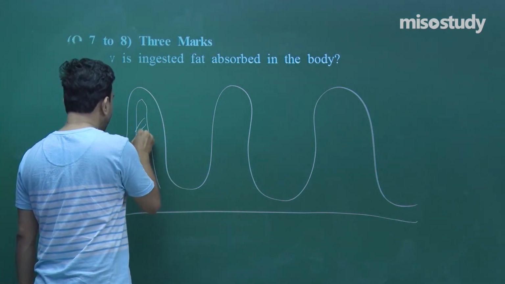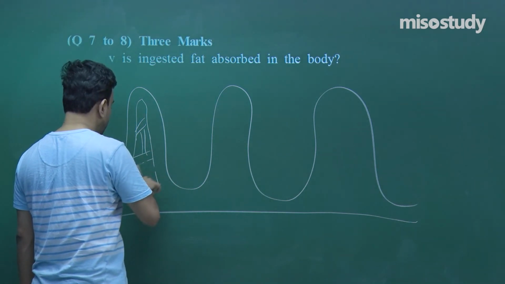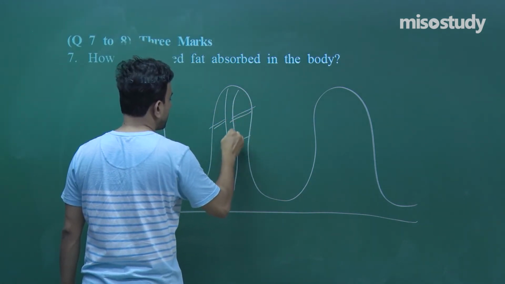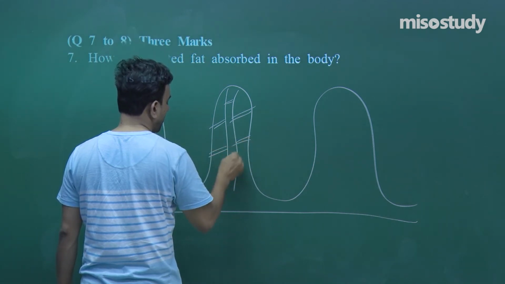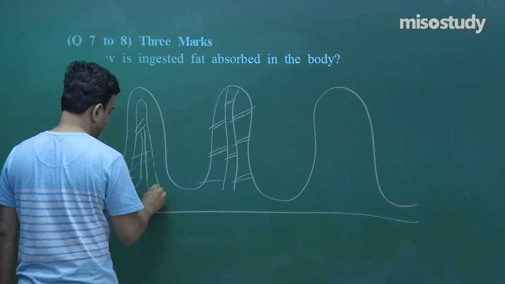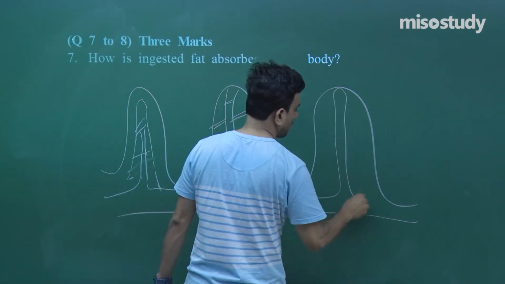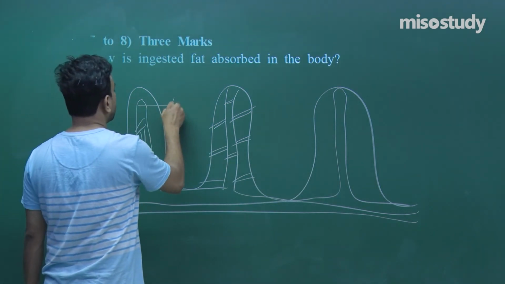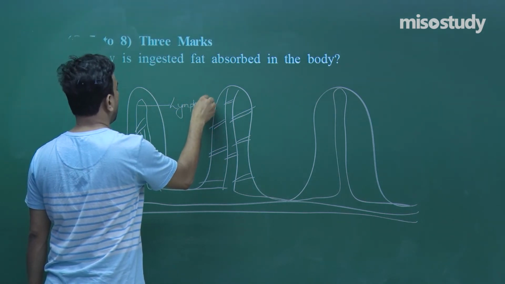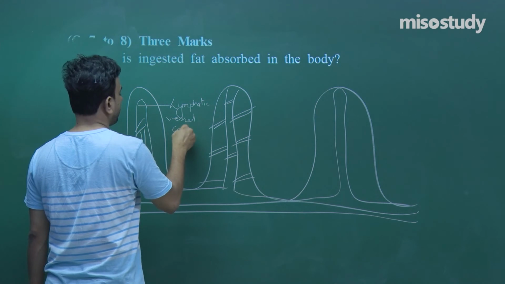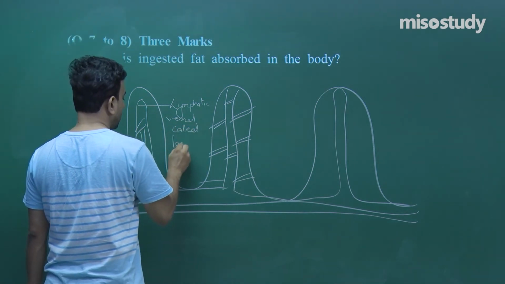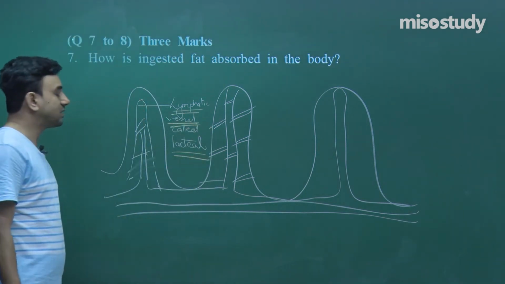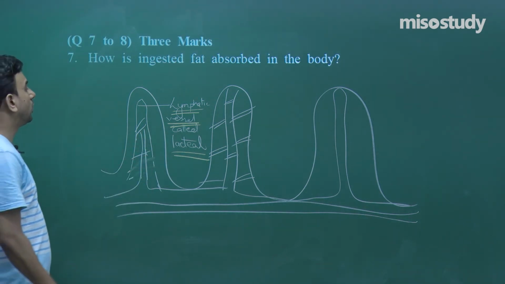Inside, there is this lymphatic vessel called the lacteal.